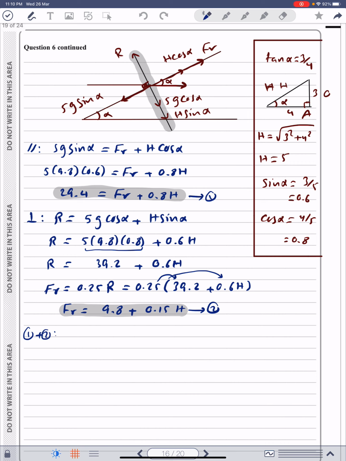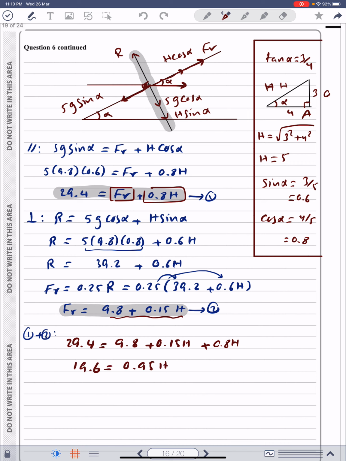Just replace the friction force here, forming an equation with H: 29.4 equals 9.8 plus 0.15 H plus 0.8 H. By simplifying and solving for H, you will get 19.6 equals 0.95 H, which is this plus this.